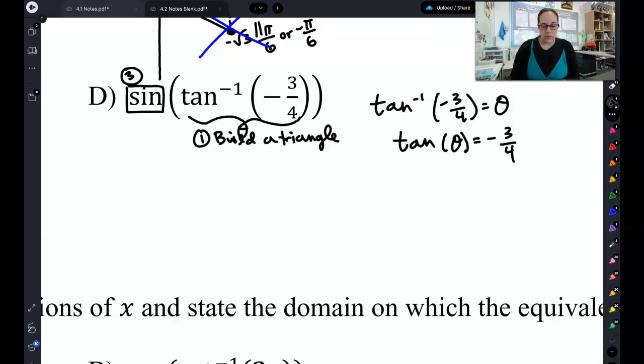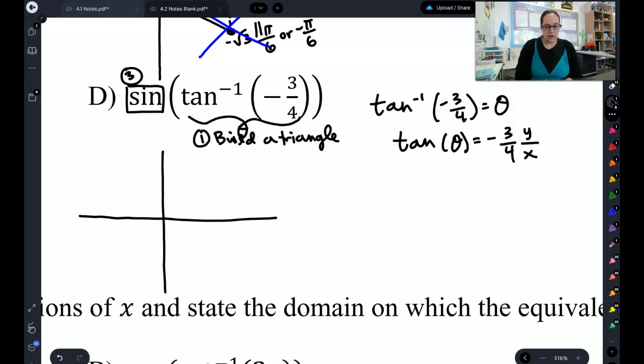So remember, tangent is y value over x value. So come over here. I want a y value of negative 3 and an x value of 4.